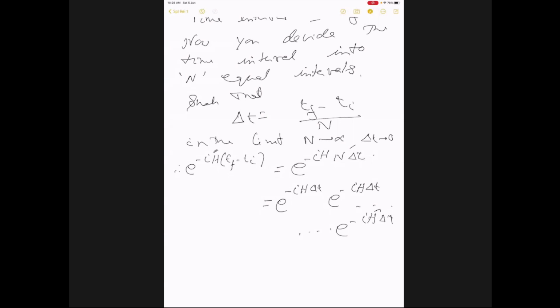So what I have done, each of these is like that hypothetical screen that I put from the source to the screen. I have broken the entire path into small n number of paths of small time interval delta t.